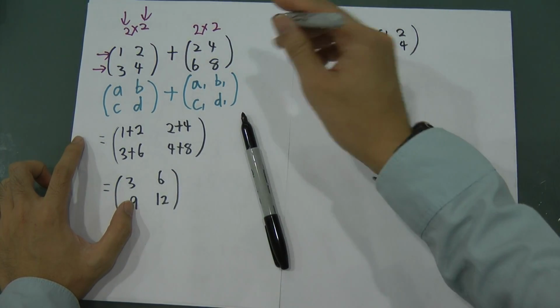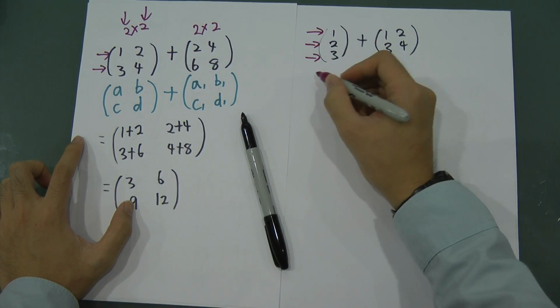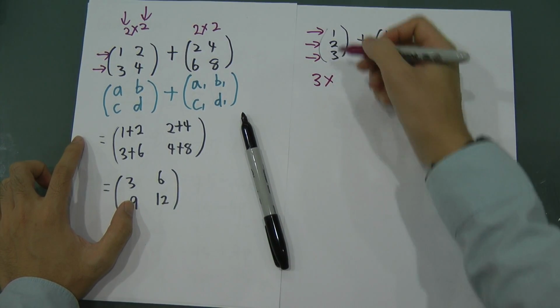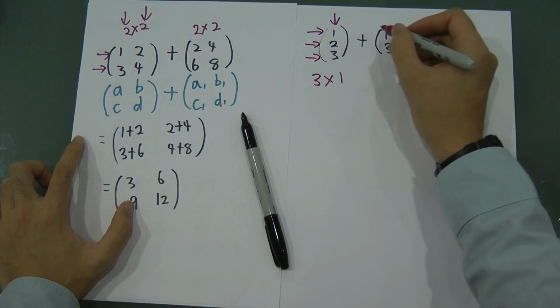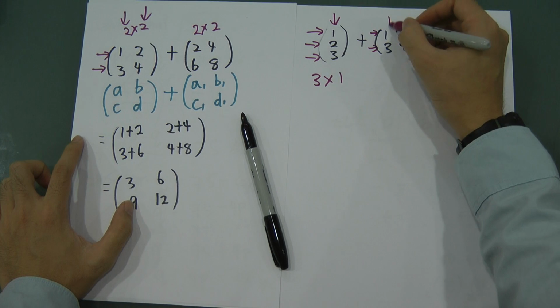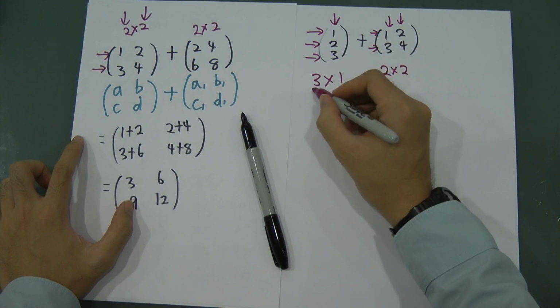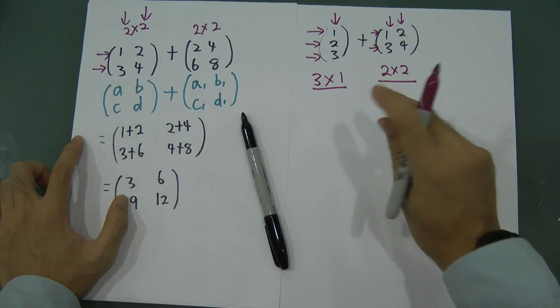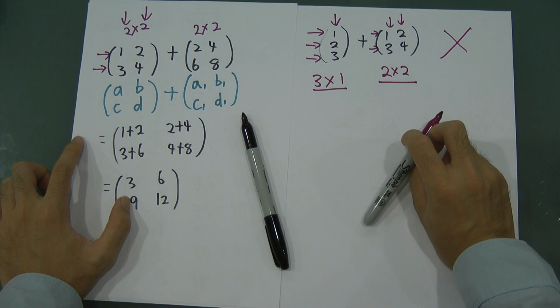I said we read row first, correct or not? 1 row, 2 rows, 3 rows, and 1 column. So this one is called 3 multiple 1. This one you have 1 row, 2 rows, 1 column, 2 columns, so this is called 2 multiple 2. Whenever they are different orders, you cannot do plus or minus. So this question we can't solve.